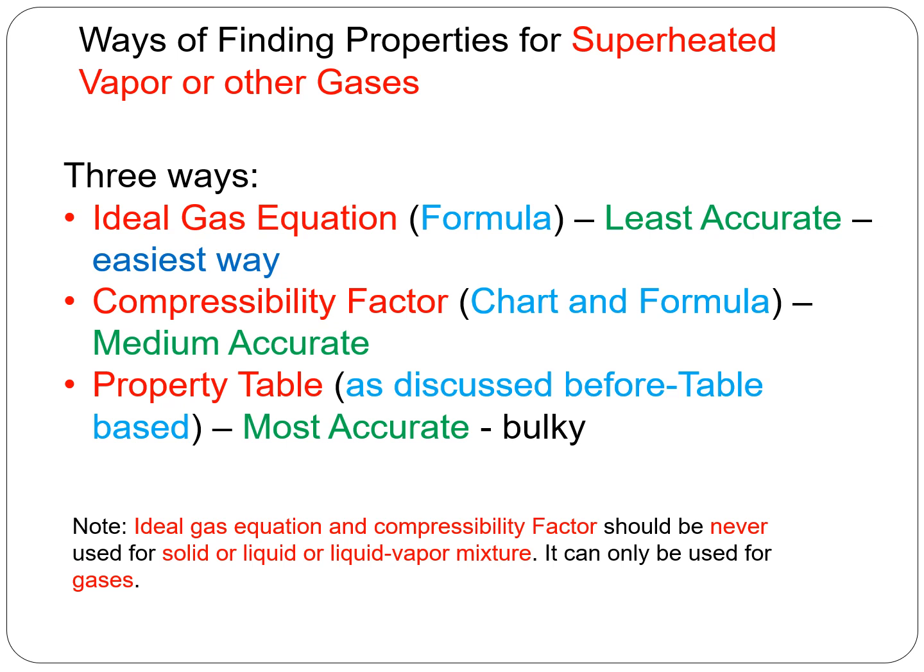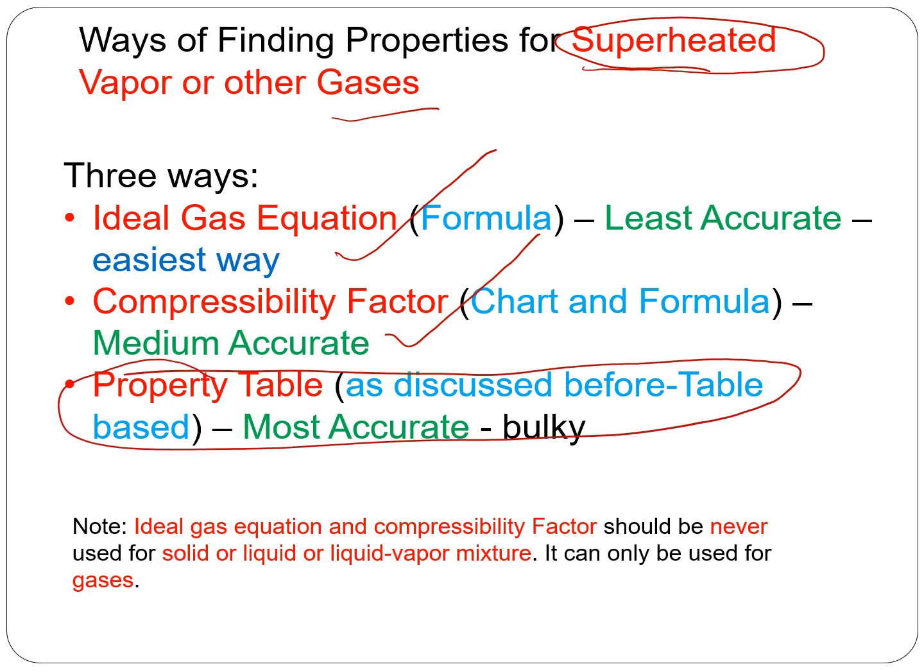Whatever we discussed is about a substance which changes phase, but there may be a substance that is just gas, or in a superheated state. You can solve this type of problem using either the ideal gas equation, or the ideal gas equation with a compressibility factor, or the property table.